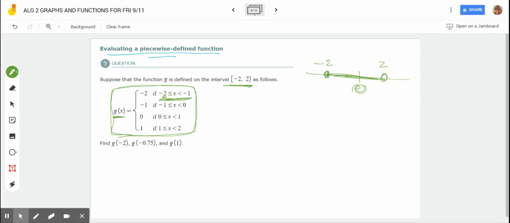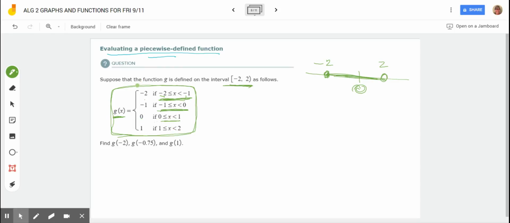So for any value between -2 and -1, g of x is going to be -2. For any value between -1 and 0, less than 0, but greater than or equal to -1, it's going to be -1. Any value between 0 and 1, it's going to be 0.